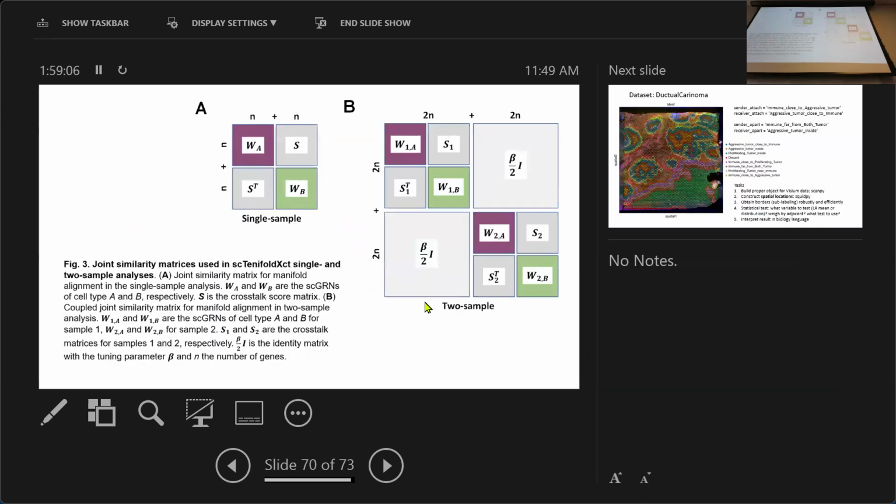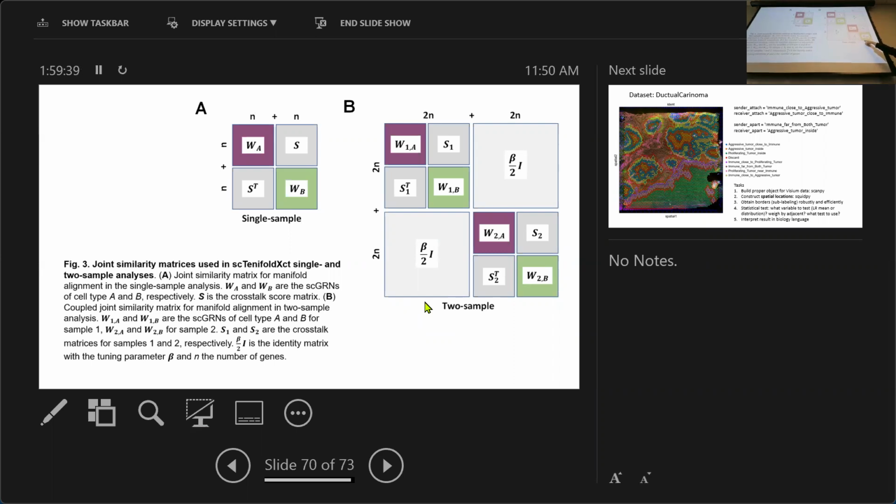We do have a comparison between two samples. This one is the one that I drew here. This is called the joint similarity matrix. We have WA and WB representing two networks from subtype A and B. Here we have two single-sample joint similarity matrices located on the diagonal, for condition 1 and condition 2.